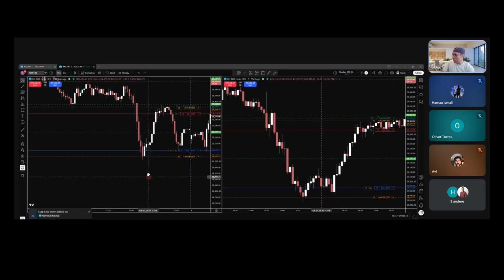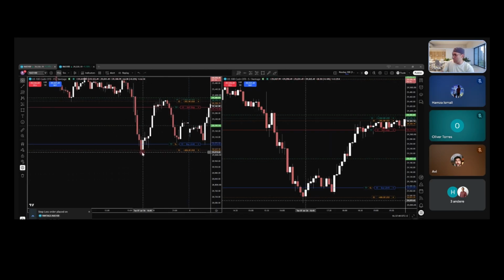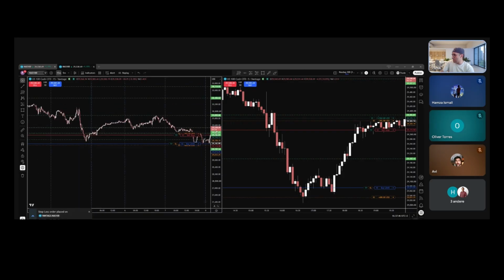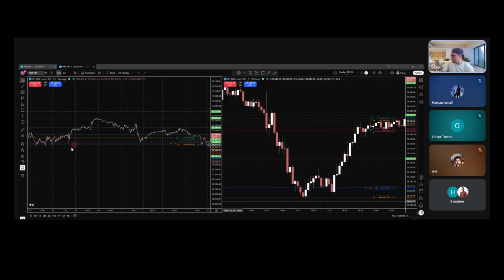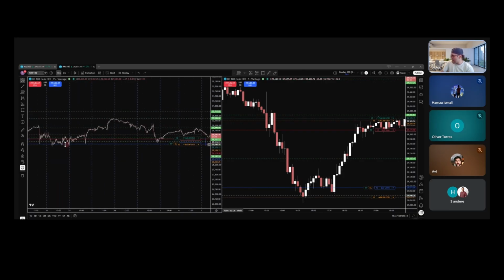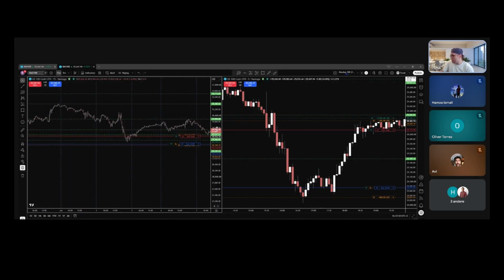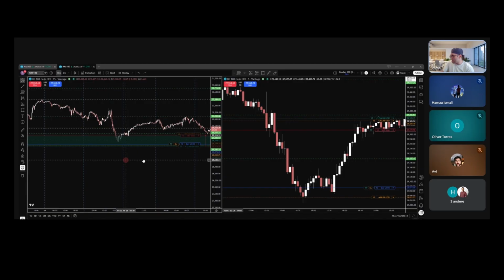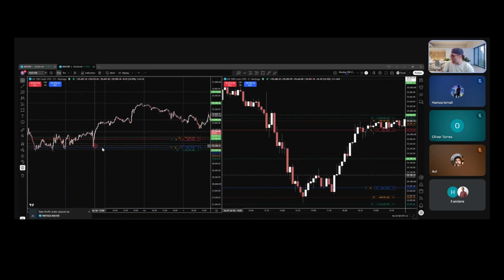For my target, if I zoom out, do I have something here? Yes, I see lots of bottoms here. Maybe I put my target near the bottoms. Again, risking $400 to make almost 3K. That could have been something.